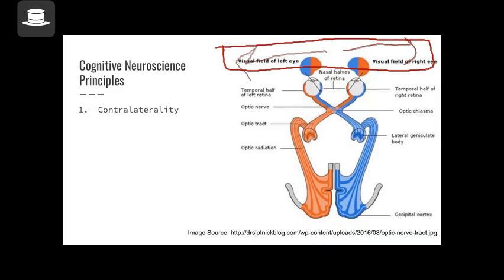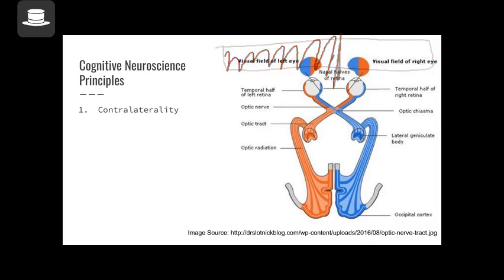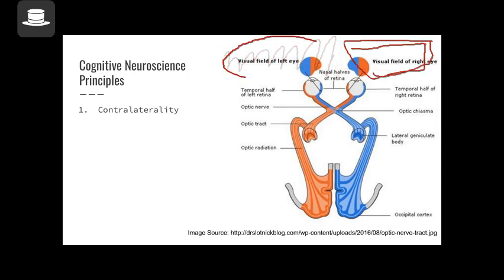Now the representation here is that the left visual field is coded in blue, and the right visual field is coded in red.